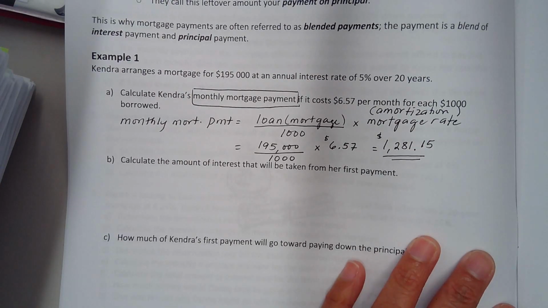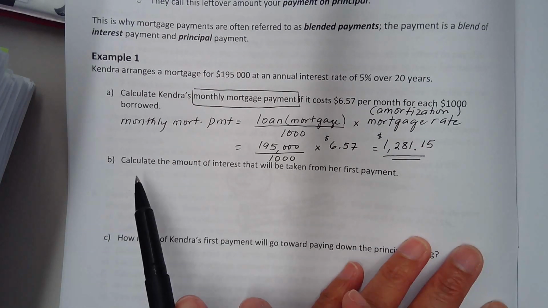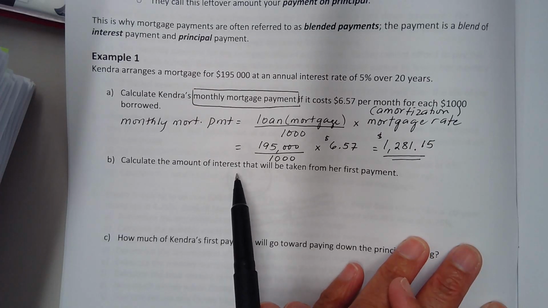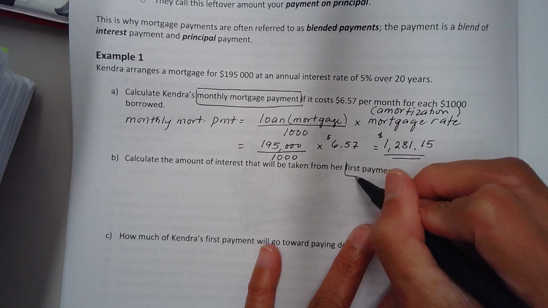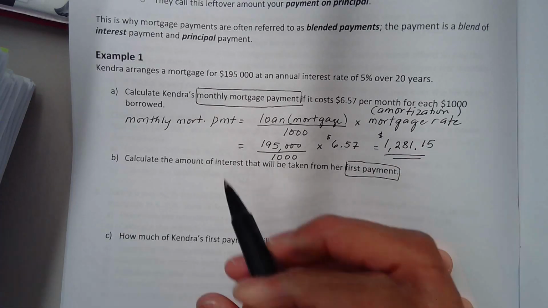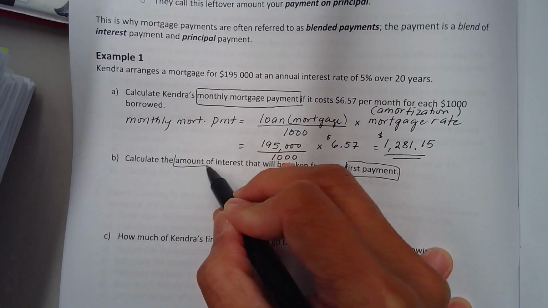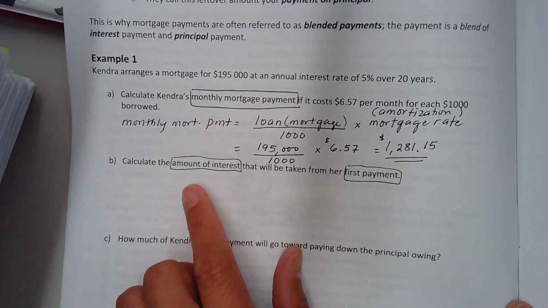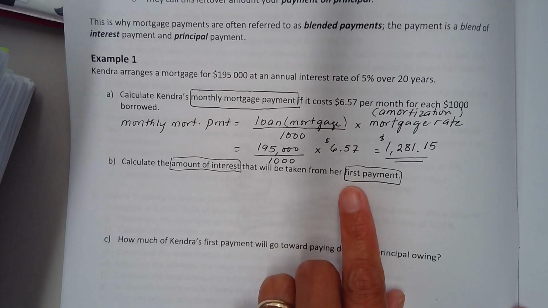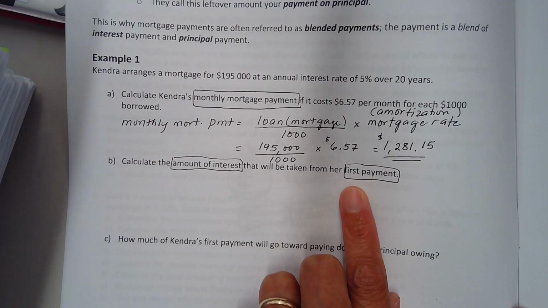So now that we know how much we're going to be paying every month, we're going to go to letter B. It says, calculate the amount of interest that will be taken for the first payment. This is the amount of interest only for the first payment, for the first month.